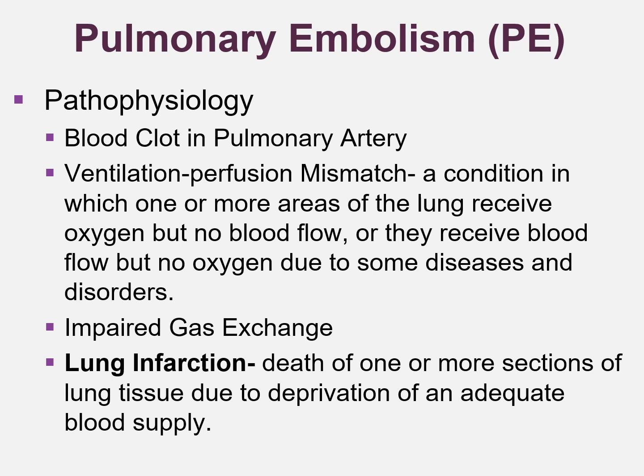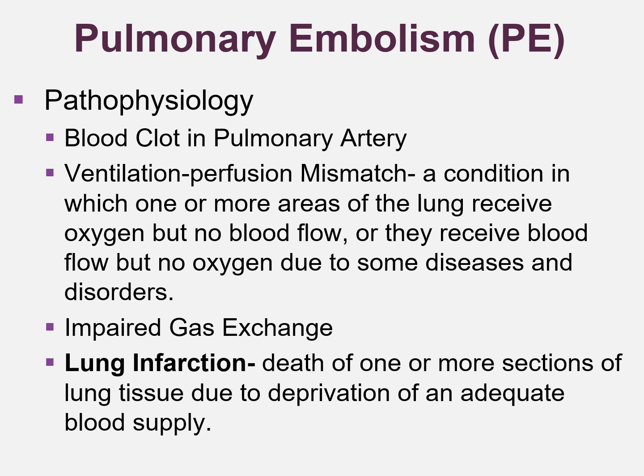Pulmonary embolism is a blood clot in the pulmonary artery. It generally travels there from another place, so maybe it was in the leg and it dislodged and it has now traveled up to the pulmonary artery. A ventilation perfusion mismatch is a condition in which one or more areas of the lungs receive oxygen but not blood flow.